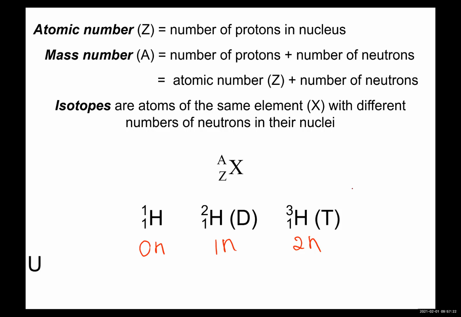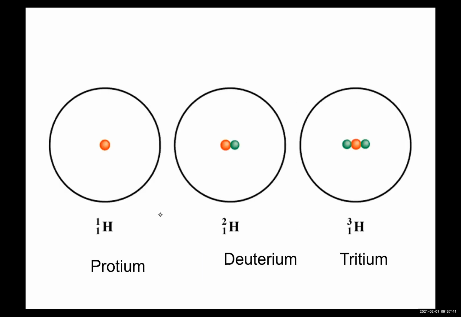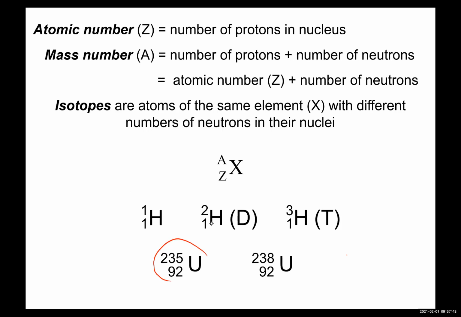So if I say uranium, uranium has these 2 isotopes. They're both radioactive. But this one is the one that you use for making a nuclear bomb. And you make nuclear reactor rods as well. This one is the majority of uranium. It is radioactive, but you cannot use it for making a bomb.